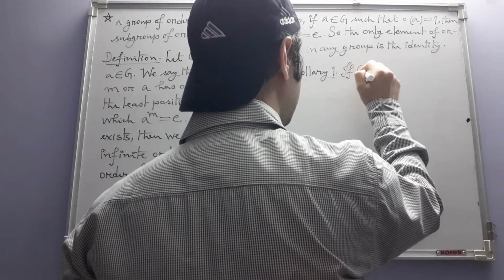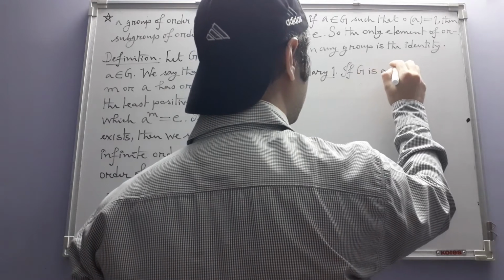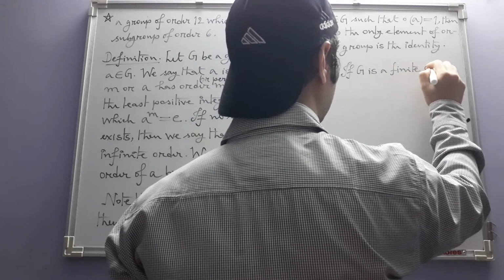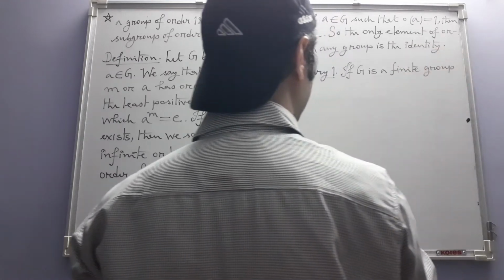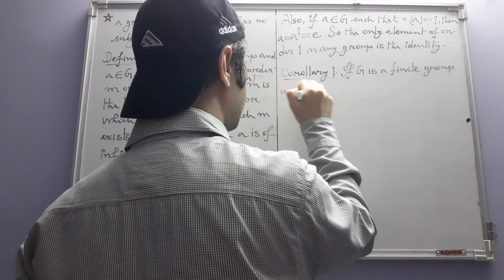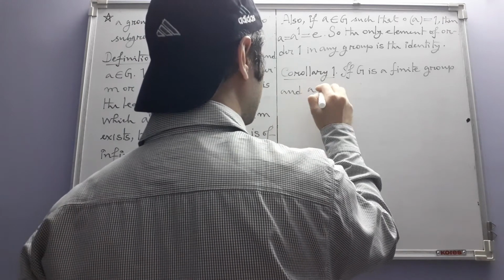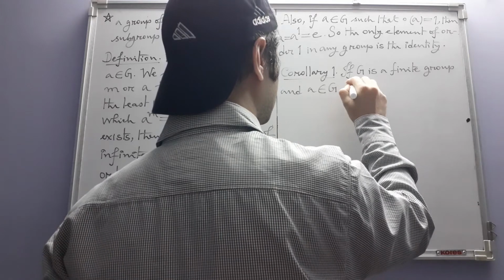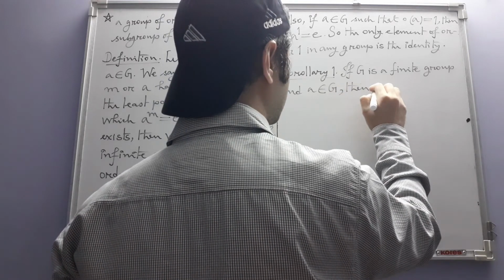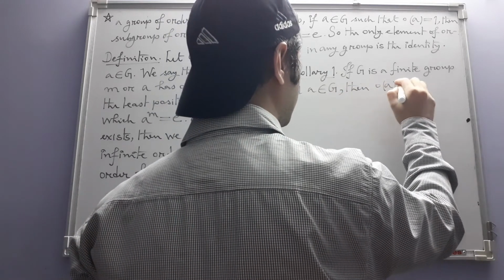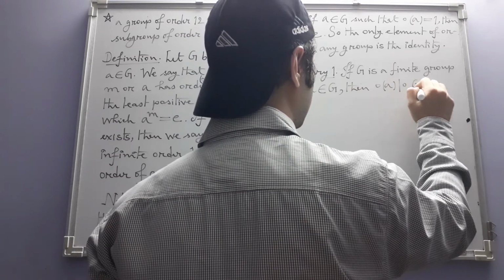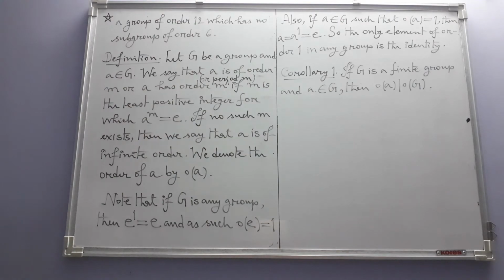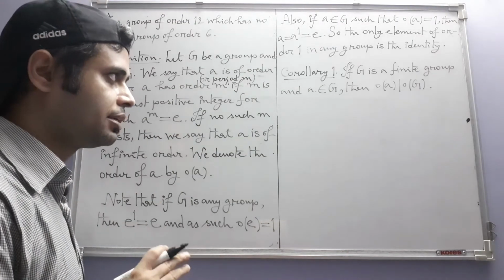If G is a finite group and A belongs to G, then the order of A divides the order of G. So if in a finite group we have an element, then its order has to divide the order of G.